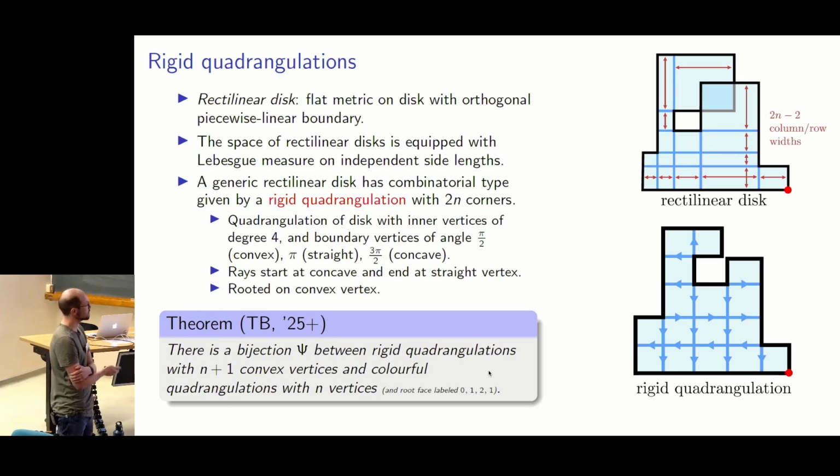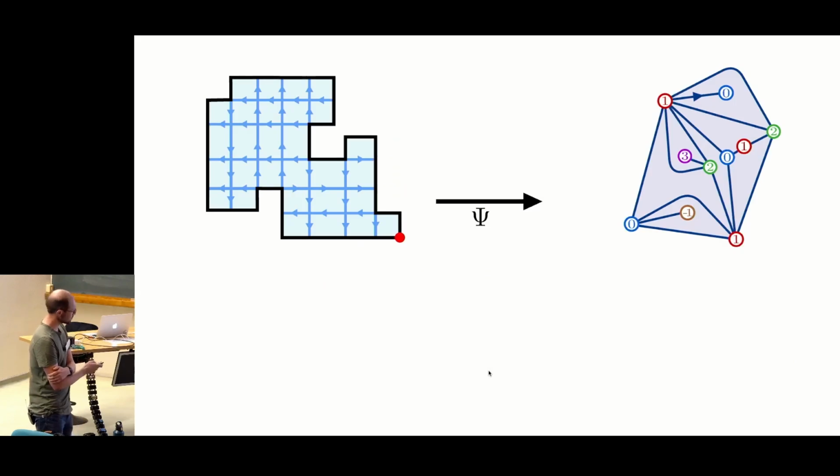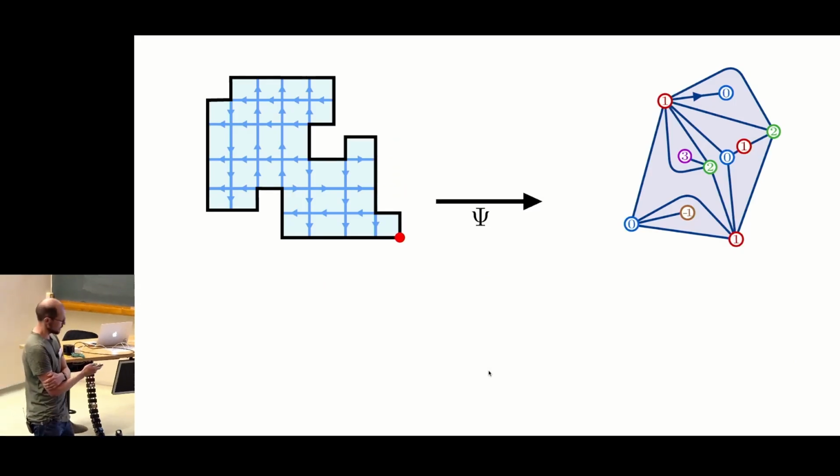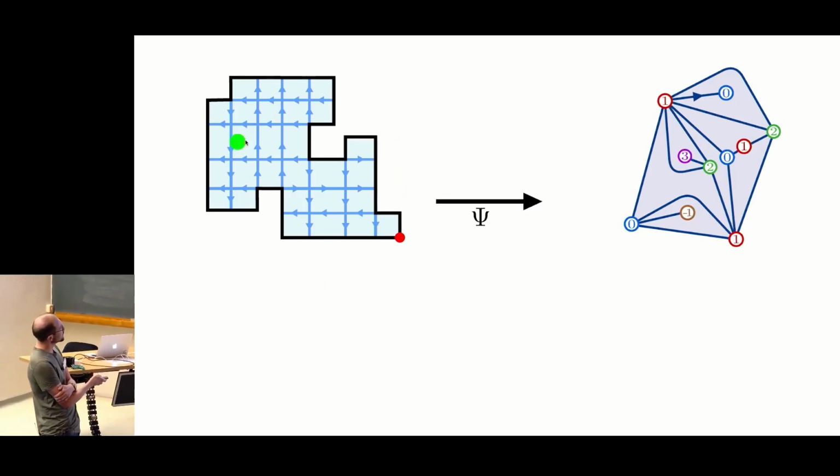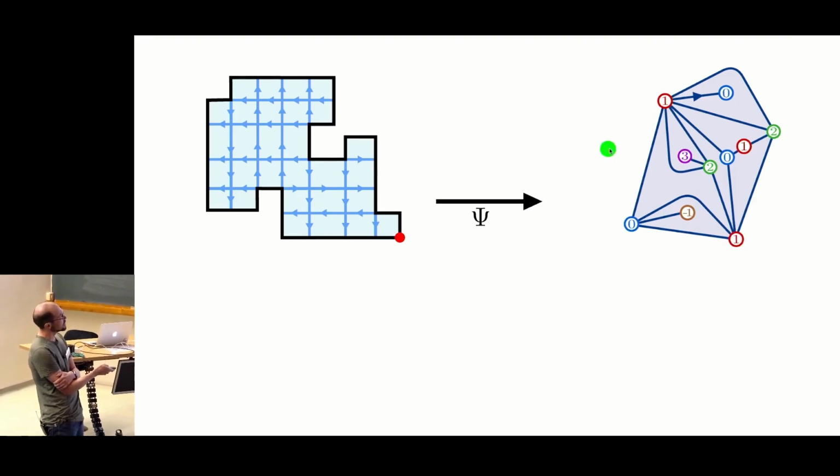Okay. So let's have a look at this bijection. So here's an example of a rigid quadrangulation mapped to a colorful quadrangulation. Now I said the number of vertices on this side corresponds to the number of convex corners except for the root corner.